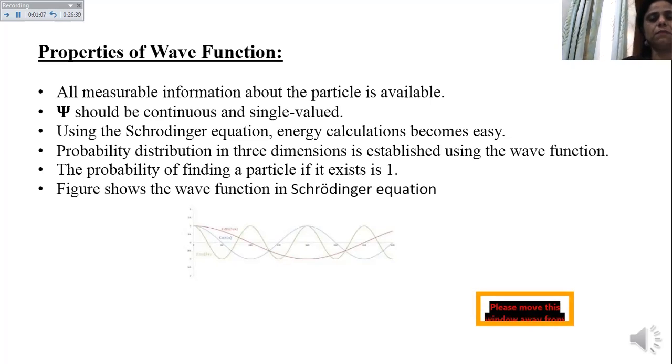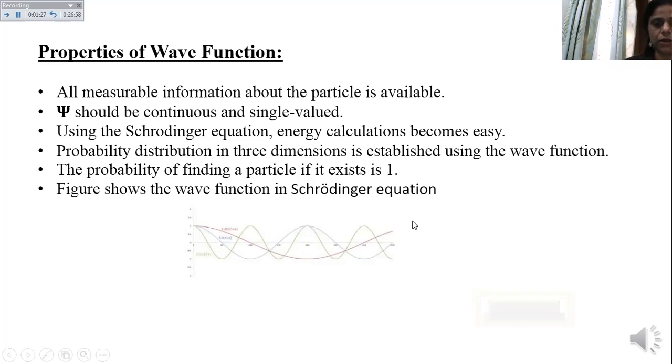All of you know, you have studied in maths, that when the probability is 1, it means it is a 100% certain event. And if a particle or electron is found in the orbit, the probability is 1. The figure shows the wave function of the Schrödinger equation. This is a sinusoidal wave.